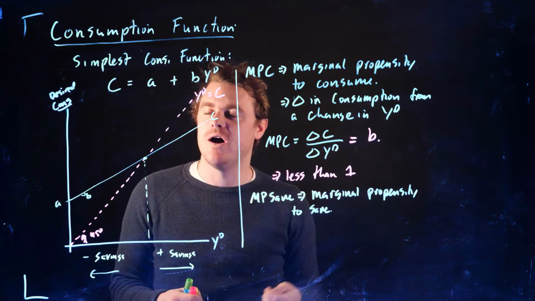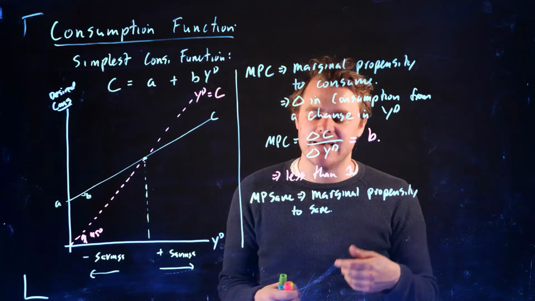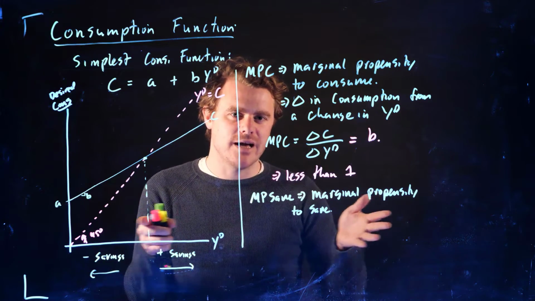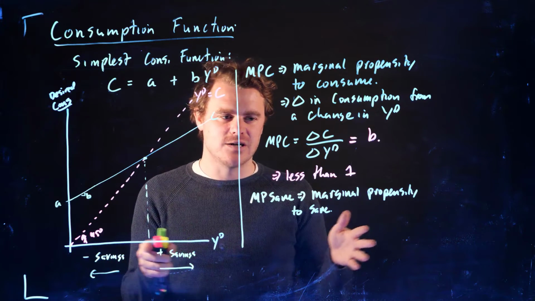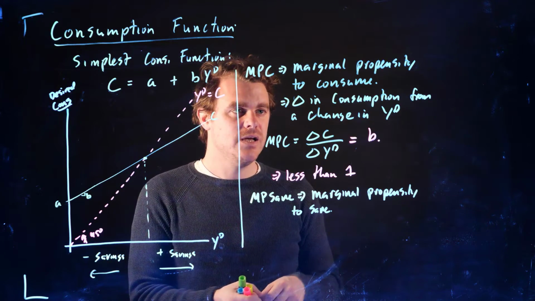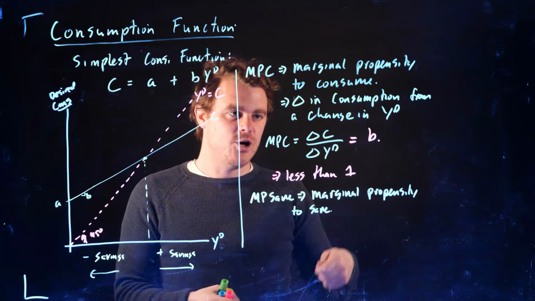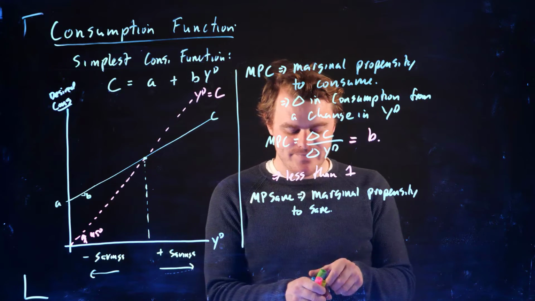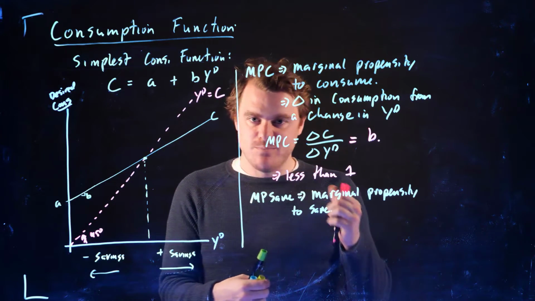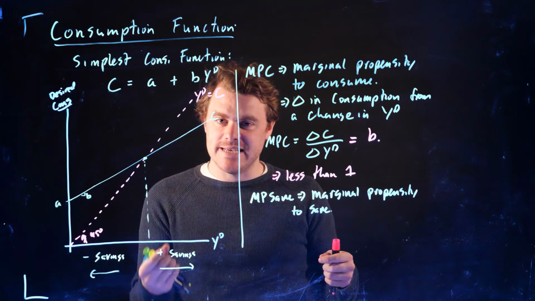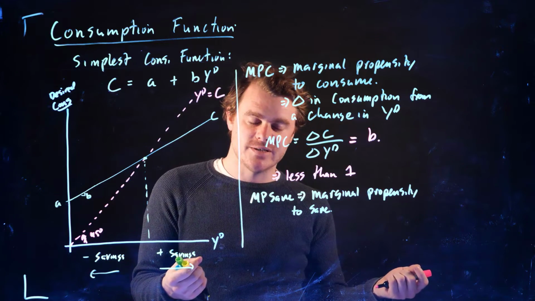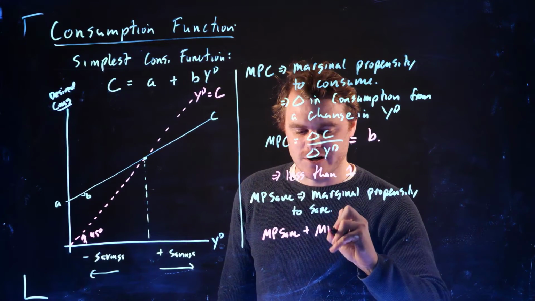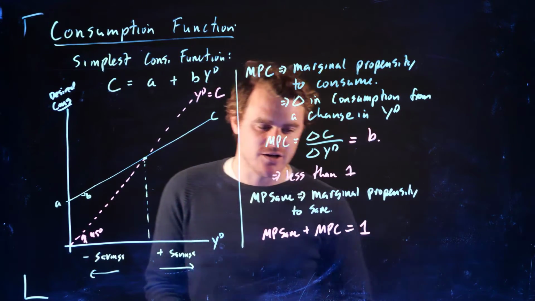If you spend that whole dollar on consumption expenditure, the MPC would be exactly 1. If you spend none of it on consumption expenditure, it's going to be 0. We're going to mostly assume that it's between 0 and 1. And so the marginal propensity to save is, if our disposable income goes up by $1, how much of that dollar are we going to save? And because we can only do two things, we can either save or consume this amount of money, the marginal propensity to save plus the marginal propensity to consume adds up to $1.